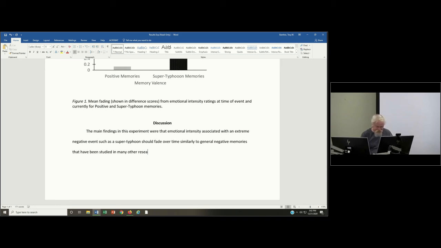Okay, I'll just start with that. The main findings in this experiment was, I guess, main findings? The main finding, how's that? We won't make it plural.